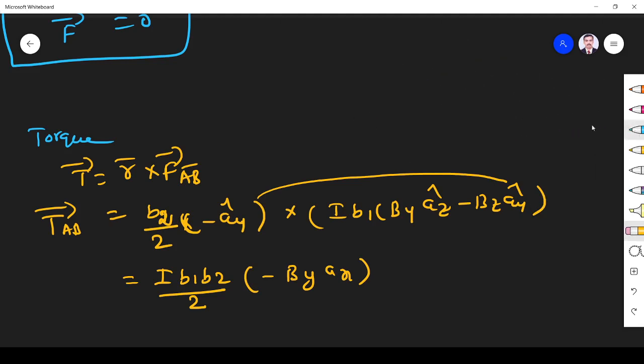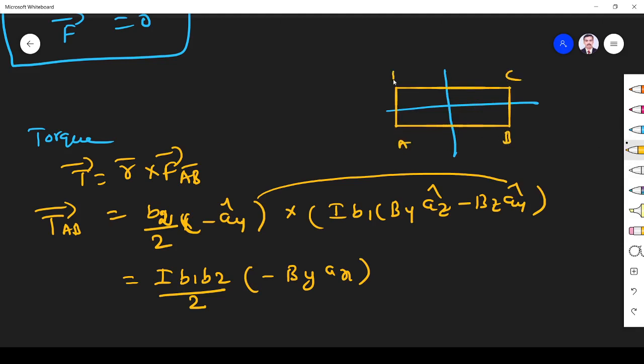How am I going to do this? This is what my conductor is. This is A, this is B, C, D, right? So distance from the axis of rotation, this is the axis of rotation, right?